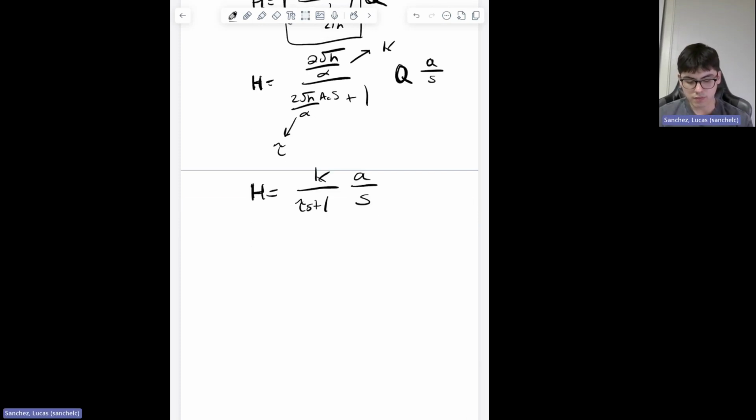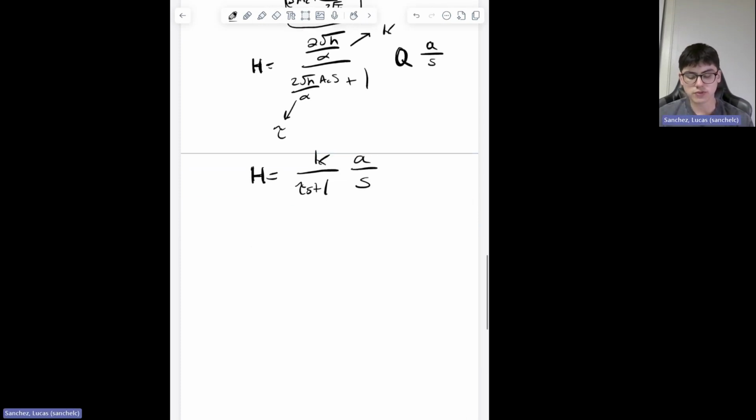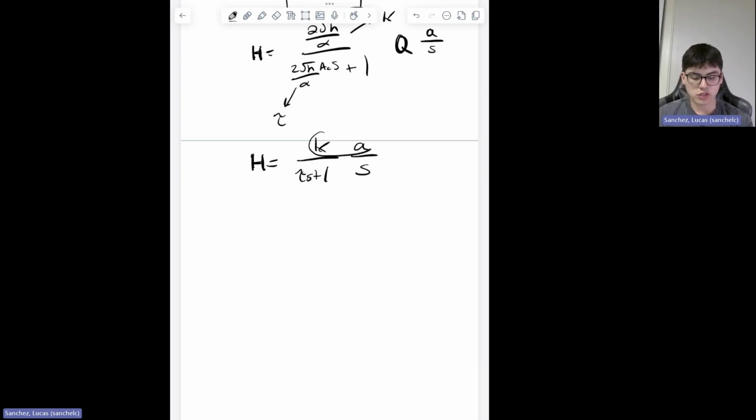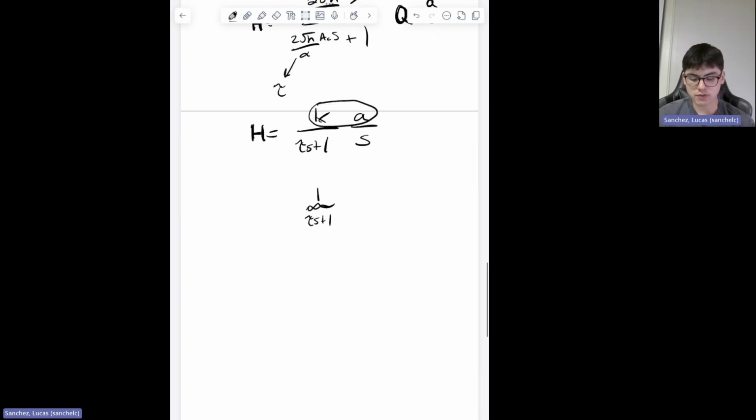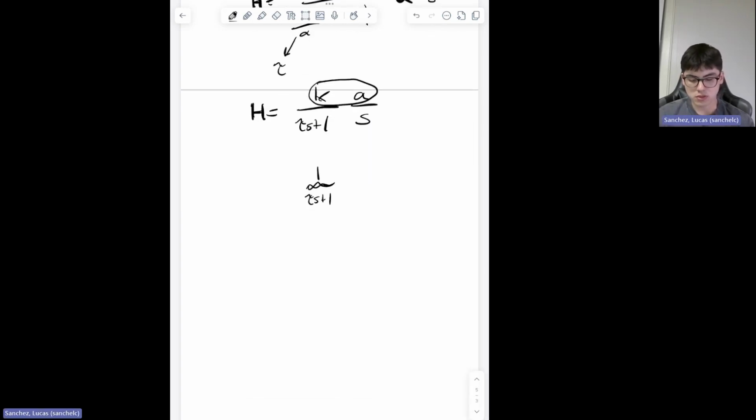So now we're going to use the inverse Laplace transform and use this relationship. If we have a value of 1 over tau s plus 1, the inverse Laplace transform is 1 minus e to the power of negative t over tau, I believe.